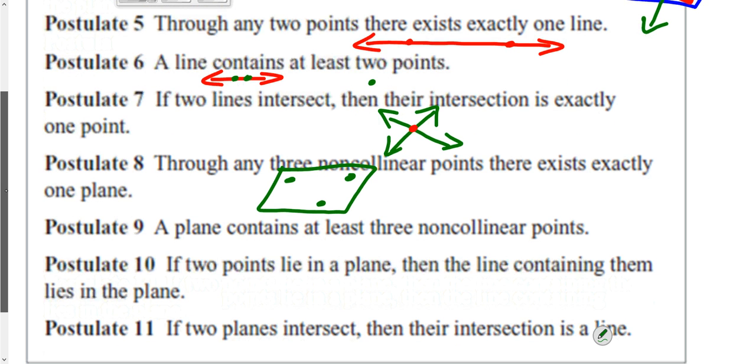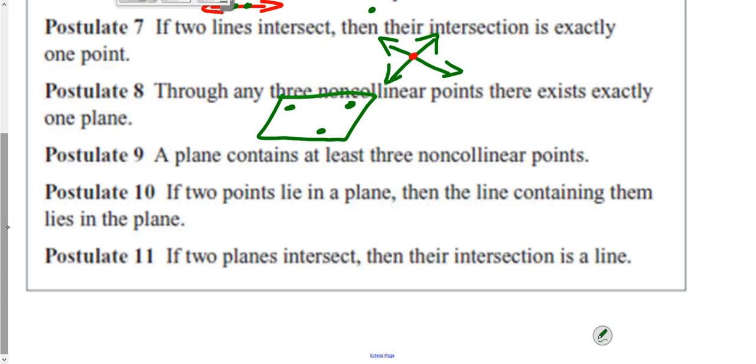And then similar to that, but coming at it from the other side, a plane contains at least three non-collinear points. So a plane will always contain at least three non-collinear points.